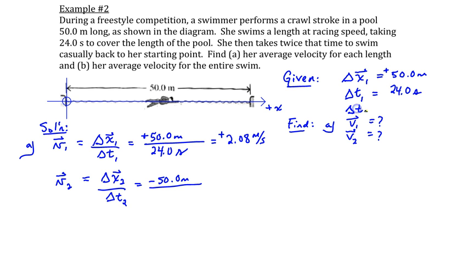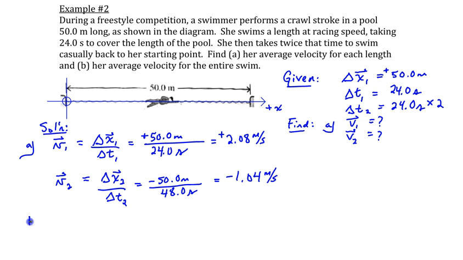Delta t2 is going to be 24 seconds times, I think, twice as much. Yeah, she swims the same distance but takes twice that time, so that's multiplied by 2. So we have 48 seconds. Her average velocity when she returns is now negative 1.04 meters per second.